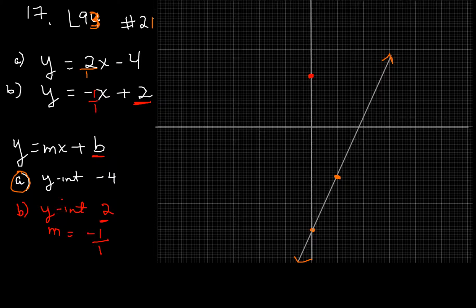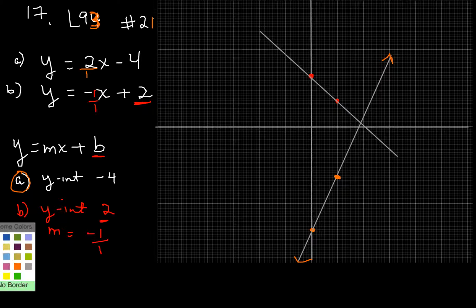So you start at the red point, you go down 1 and to the right 1. Like that. And then we take our line and we connect them. Now I'm not going to get a perfect connection because I didn't hit the points perfectly. But you might not get a perfect connection either, but the whole point is that you graph the lines correctly. Okay, we're going to see where they intersect.